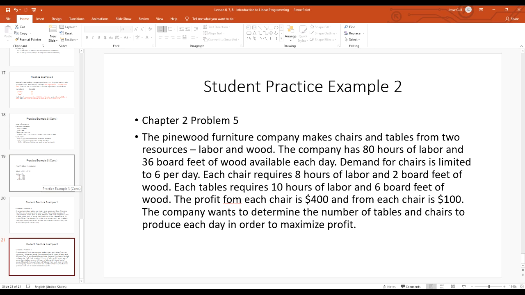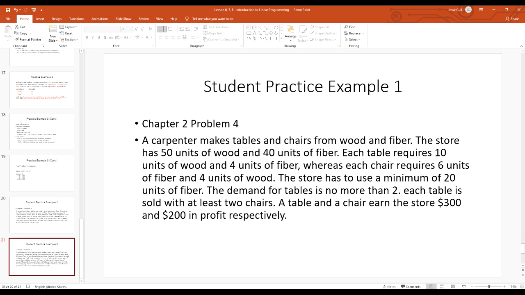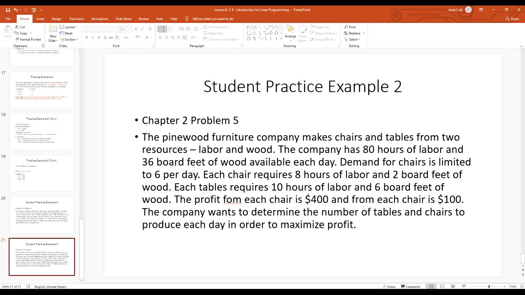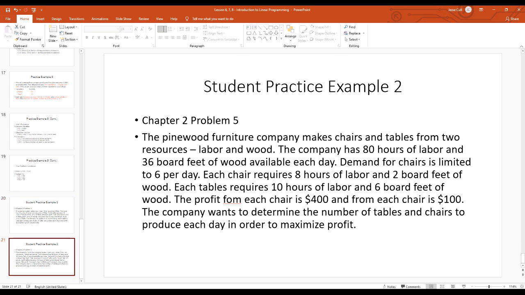And it will be necessary to solve practice example 1 and practice example 2 in order to complete today's quiz. Hopefully everybody's clear on practice example 3. Your remaining tasks today are to solve practice example 1 and practice example 2. When we resume in lesson 9, we will discuss the correct answers for student practice example 1 and student practice example 2 before we move on.